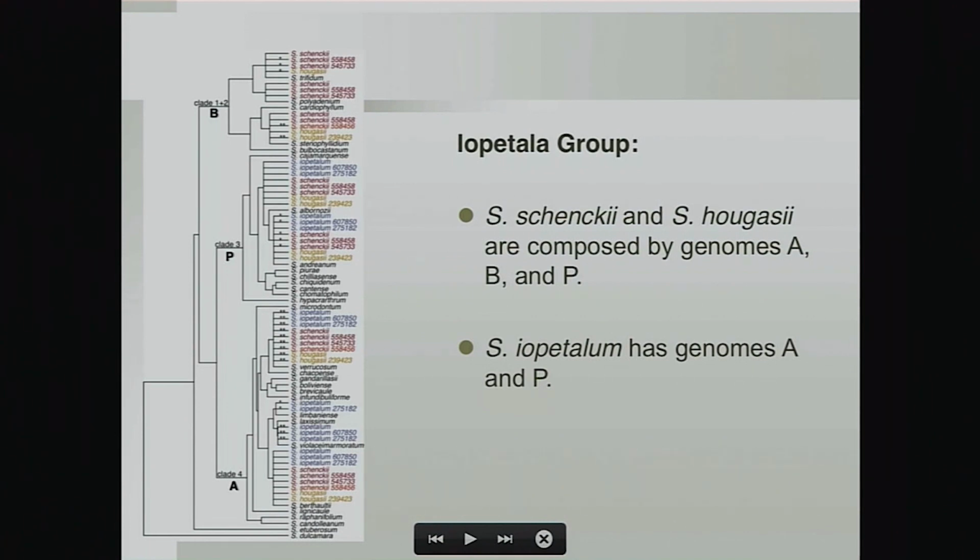So we also confirm that, for example, Solanum Schenkii and Fuggazi are composed of genomes A, B, and P. Those are allopolyploids too. Schenkii and Fuggazi are in red. Schenkii has alleles here in B, Schenkii in P, Schenkii in A. Those are allopolyploids with 3 different genomes.